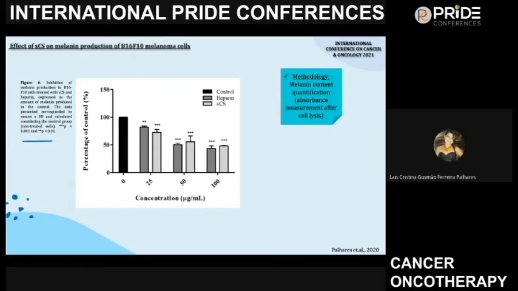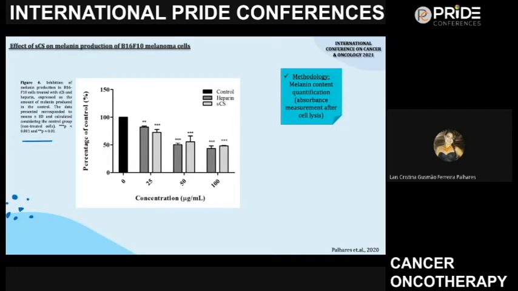We also decided to perform quantification of melanin production by the melanoma cells. And the reason why we did that is because in the literature, melanin production by melanoma cells is correlated with the aggressiveness of the cells. So the more aggressive the cells become, the more melanin they produce.